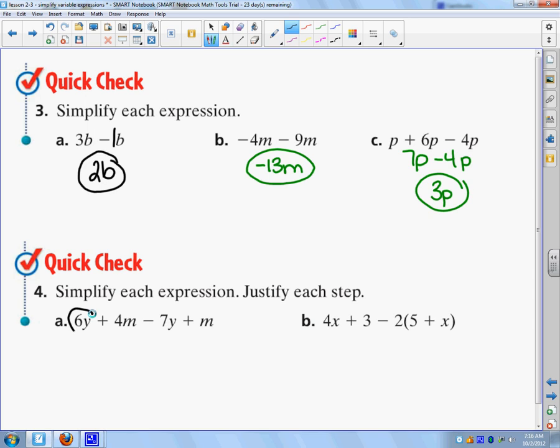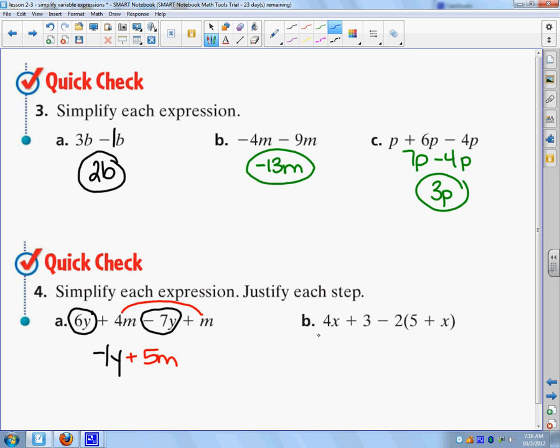I can only combine my y's. Now, with this one, you have to make sure that negative stays with the y. It always goes with the number behind it. So 6y minus 7y is negative 1y. And then 4m plus m is 5m. So it's negative 1y plus 5m.